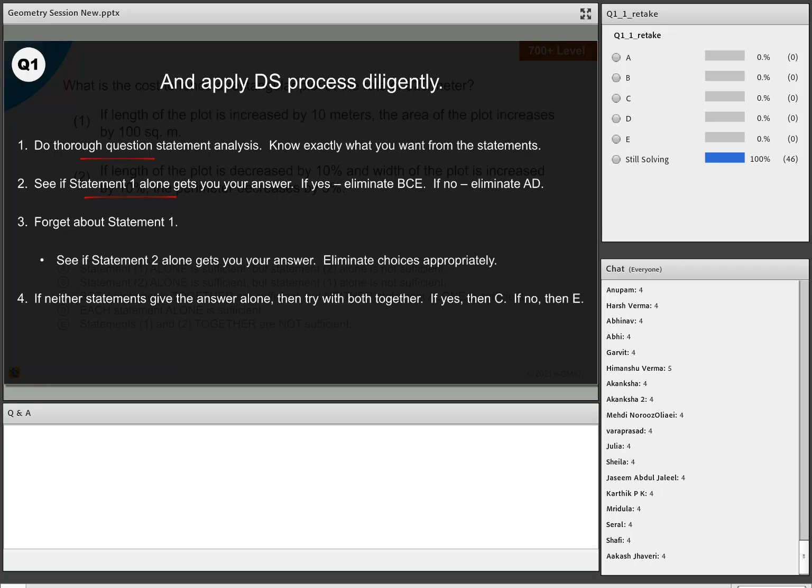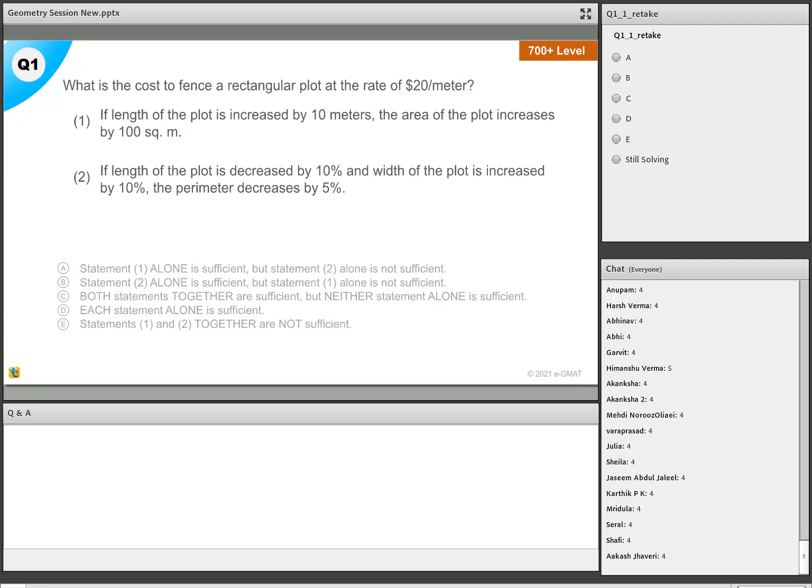If yes, then you can eliminate choices B, C, or E. If no, you can eliminate choices A and D. Then it's time to completely forget about statement one and process statement two in the same perspective. And even if statements one or two don't get you the answer, that's the time when you combine the information from both the statements for your final analysis. Right. So with that, let me move ahead to question number one. All the best for this one.